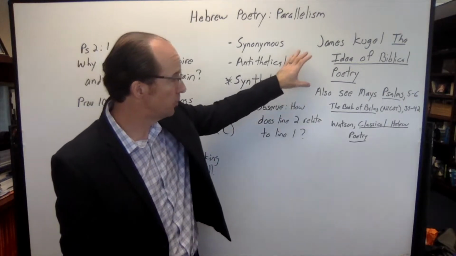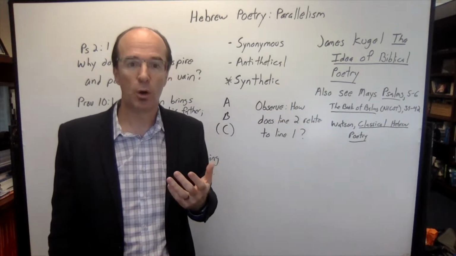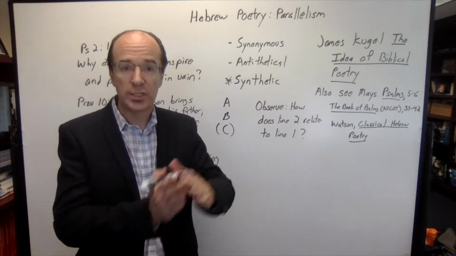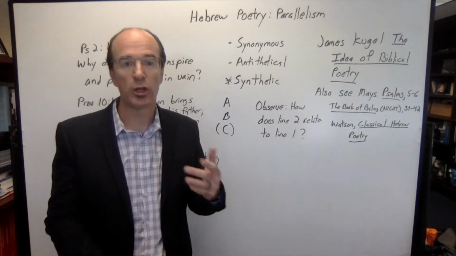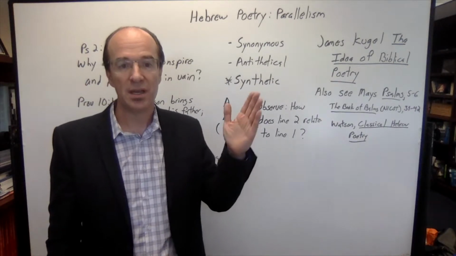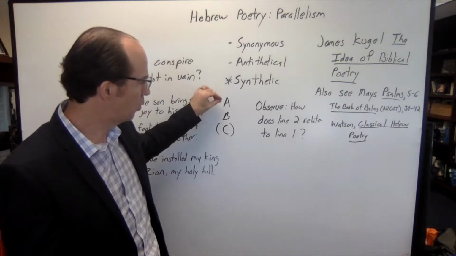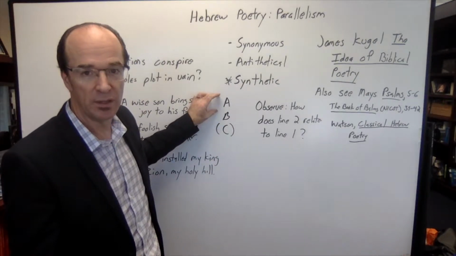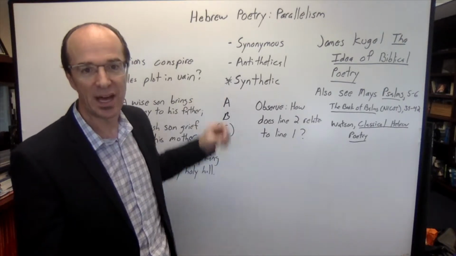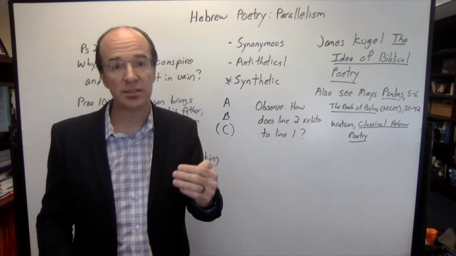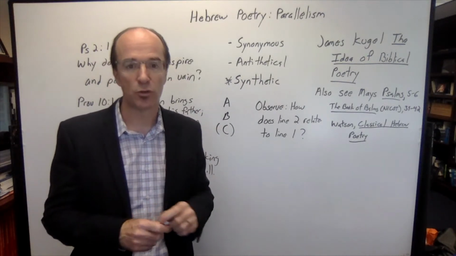And this goes back to an important work by James Kugel, The Idea of Biblical Poetry, who critiqued previous ways of laying out Hebrew poetry and argued that the key thing is essentially, this is true, so also is this. So, and again, what's the relationship between the initial line of poetry and then the following lines? How do they restate, nuance, expand, or repeat the first line?